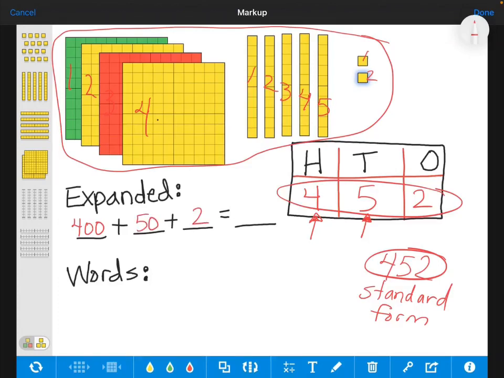Okay, and when I add those values together, 400 plus 50 plus 2, I get 452. So remember, the expanded form is talking about the values of each digit, okay? Now in word form, I would write 400, 52.